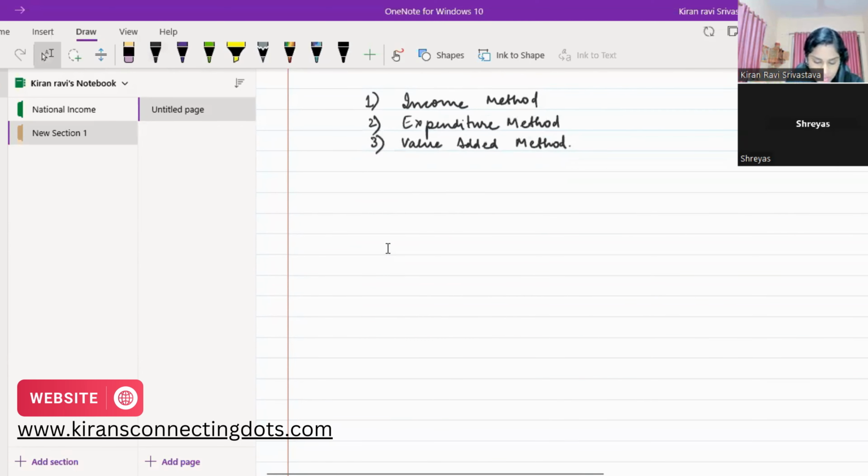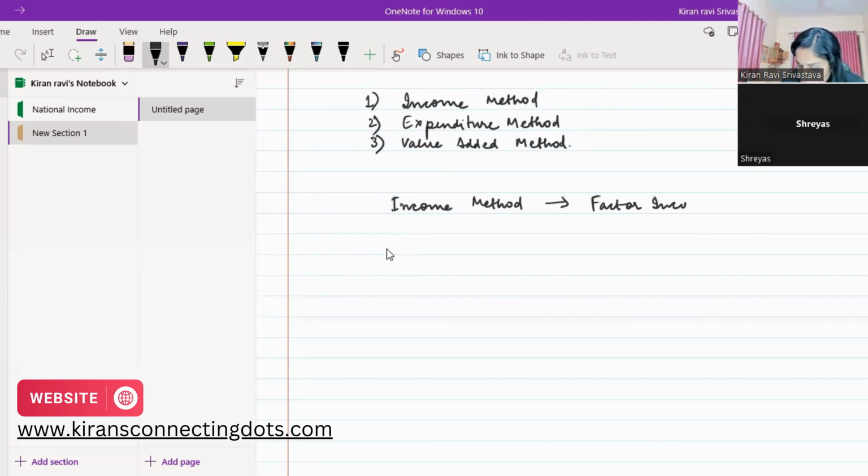Now, what is the income method? When we talk about the income method, we are actually talking about factor income. What is the income earned by the factors of production? So the income method here talks about factor income. And to find out the factor income, which aggregate gives you the domestic factor income?